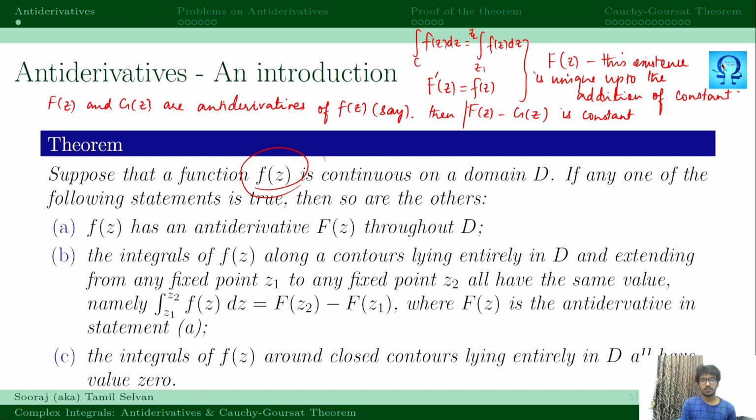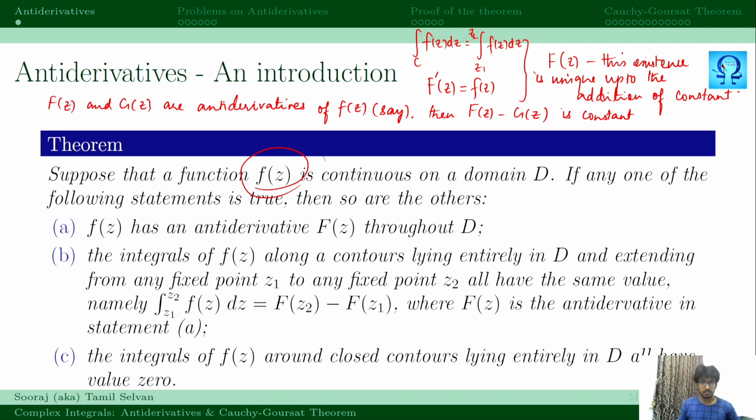The derivative of this part is of course 0. That is the speciality about this, and that is what I meant by saying this existence is unique up to the addition of constants.